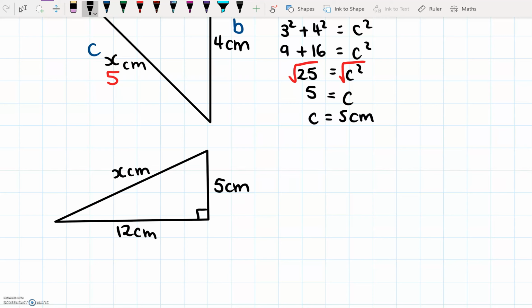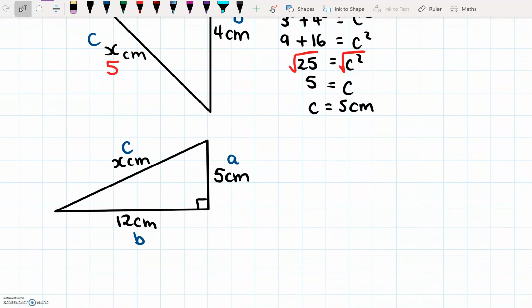I hope you're starting to see why we did all this work with square roots last unit. Again, let's start by labeling the sides. We have side A, side B, and side C. Always write the formula first: A squared plus B squared equals C squared.